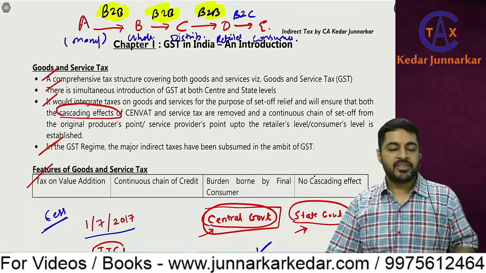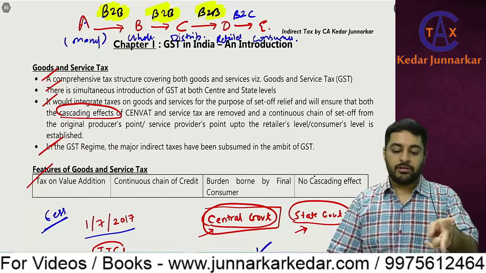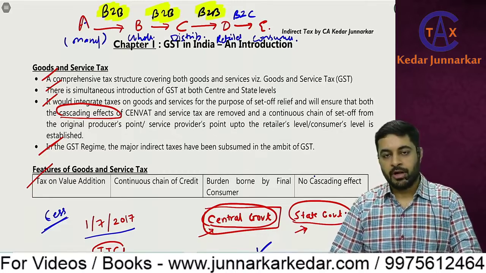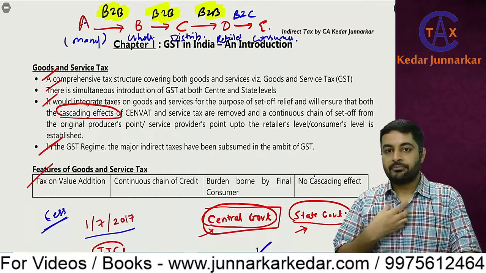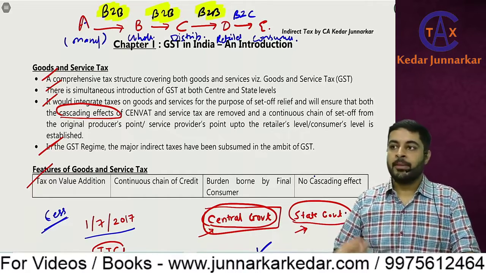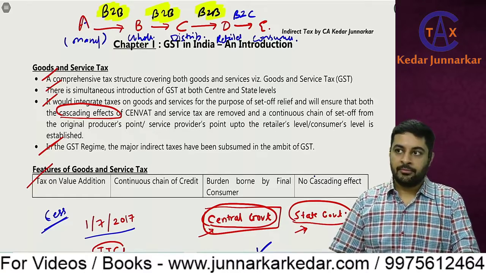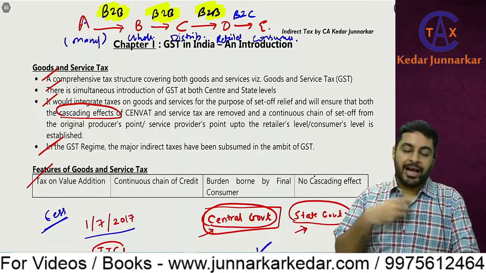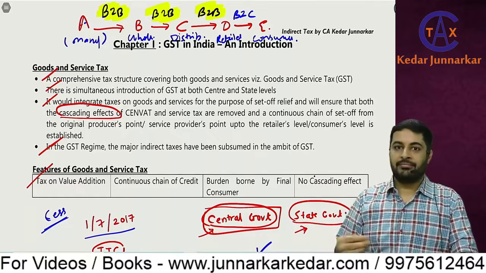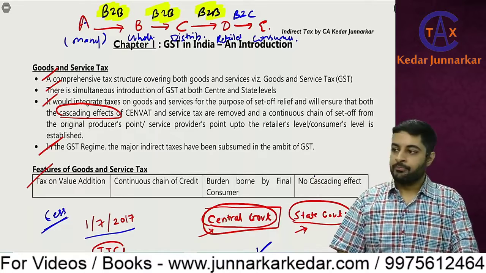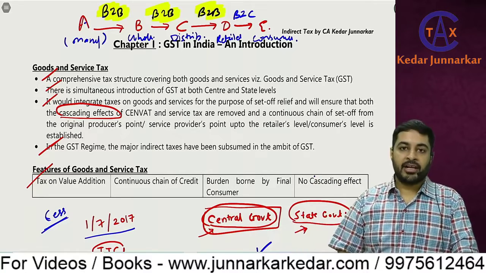Now, the same person can become a consumer and a businessman also. How? Let's say I am into the business of selling laptops. When I purchase laptops, the purpose is to sell them further, so I will get the input tax credit.